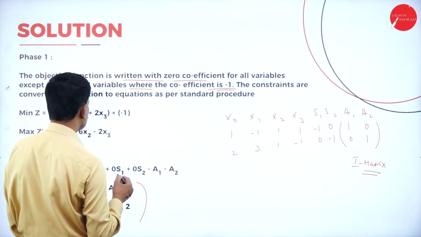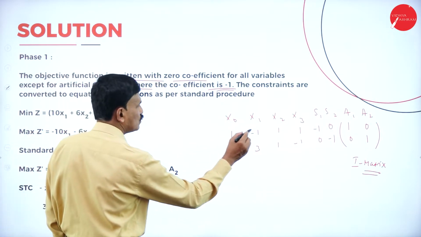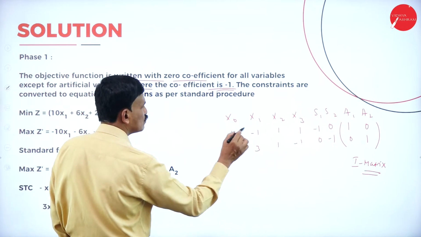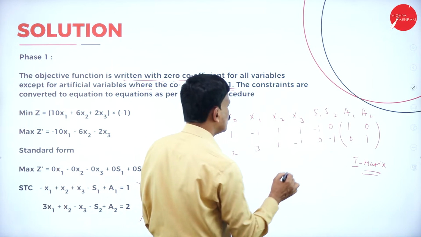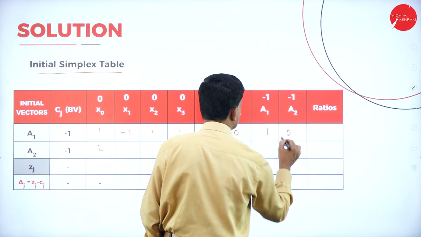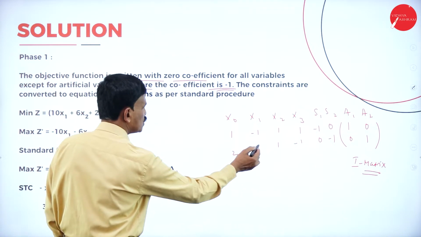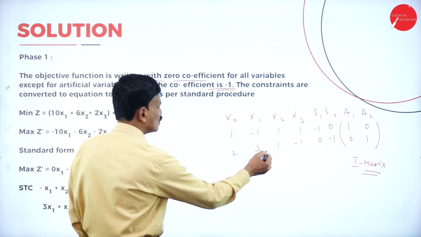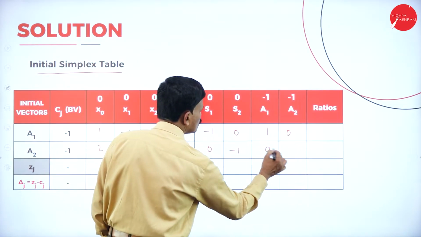x0, 1, 2. Here it is 1, 2, -1, 1, 1, -1, 1, 1. Then -1, 0, -1, 0 and again 1, 0. Similarly for the second equation, 2, 3, 1, -1, 0, -1, 0, 1.